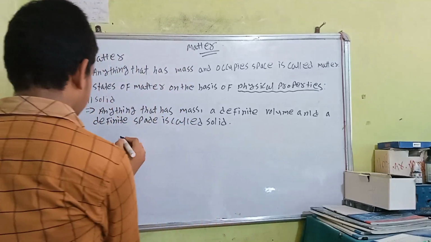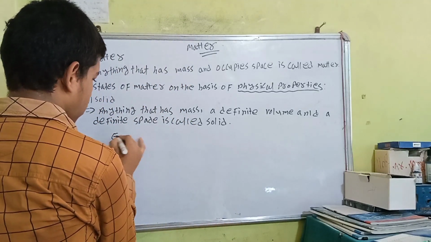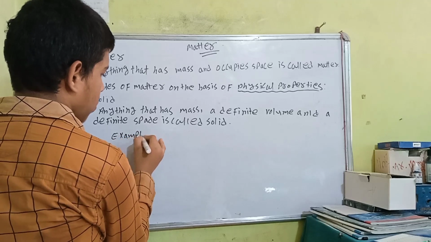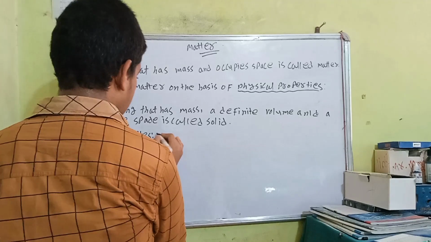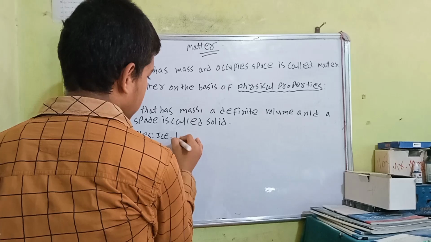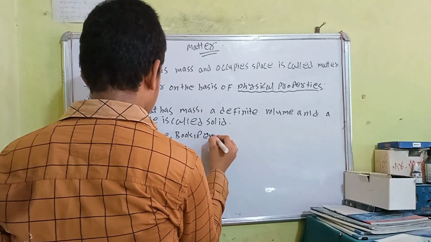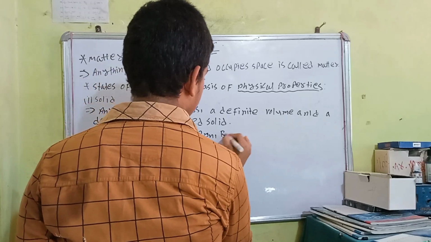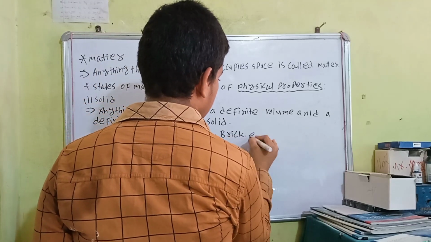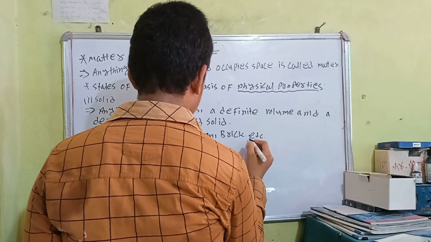For example, examples are ice, book, pen, brick, etc.